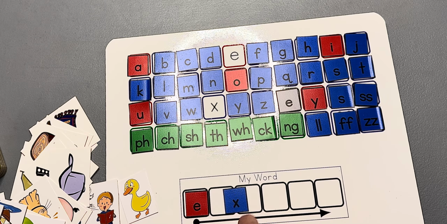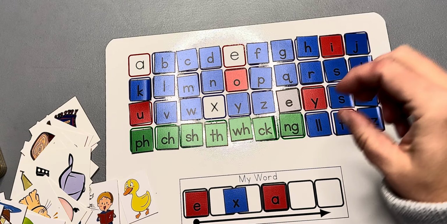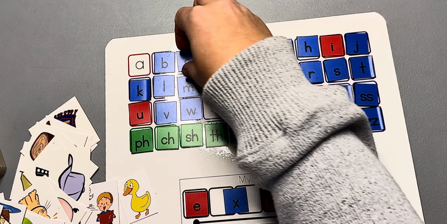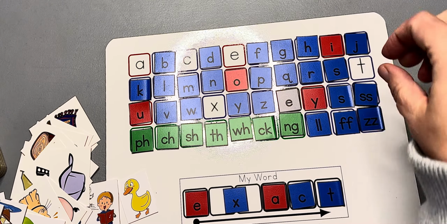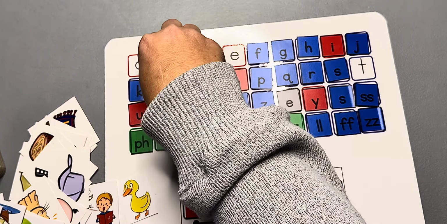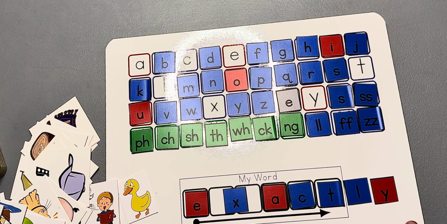So it's two sounds there that are different from the one we had in mix. We had k, s. This one is g, z, eggs, ack, exactly. And there we go, exactly. And so that is two sounds right there.